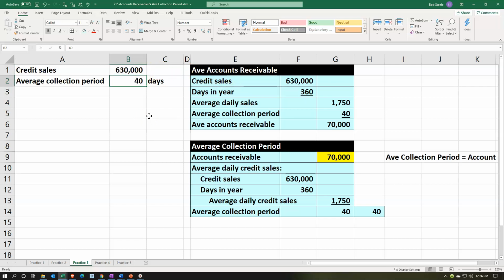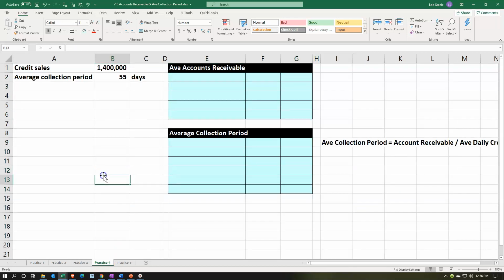What would my average accounts receivable be? It could be useful to back into that number, and you might be able to do so by taking this formula or memorizing this formula. You may not need to memorize this formula to do so, but simply plug in the unknown here.